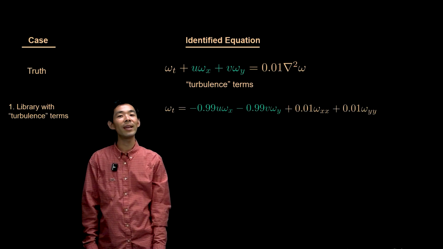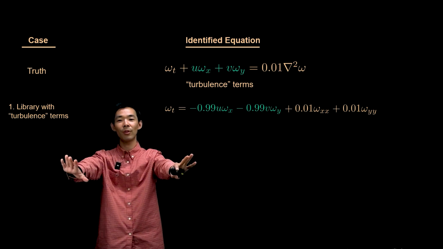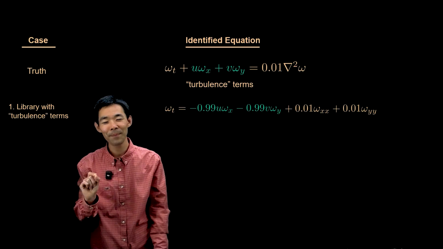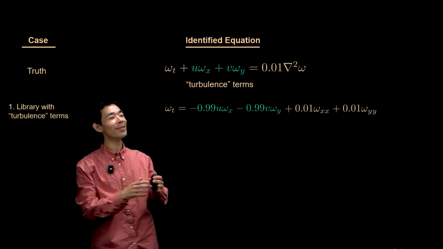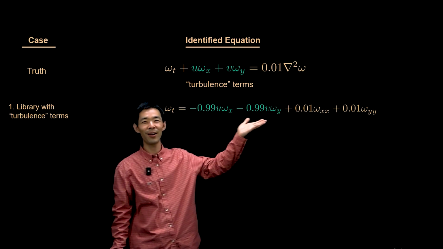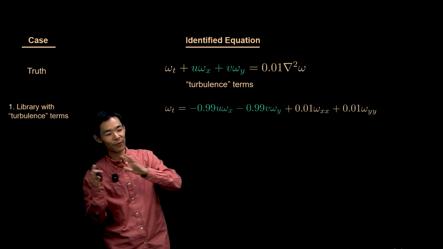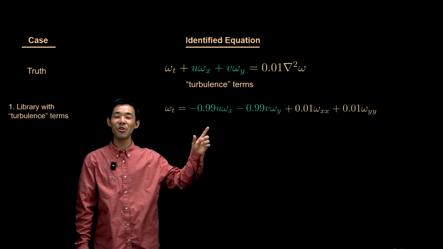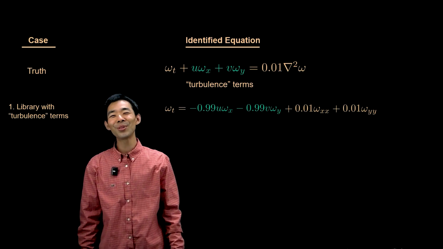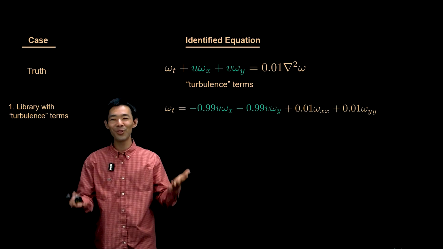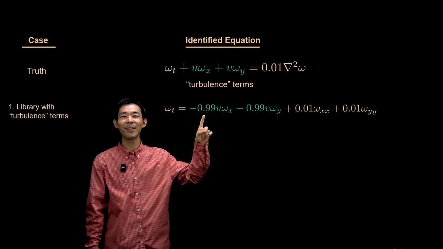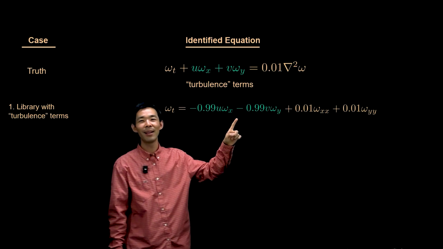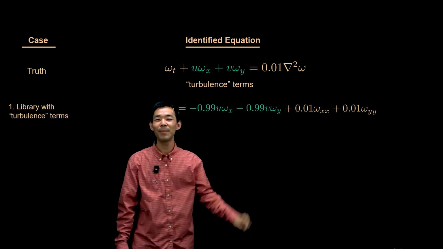First, if we do exactly what I showed you, where you construct a library containing the turbulence terms inside there, and you do sparse regression, out comes this solution right here, based upon the training set of flow around a 2D cylinder. It turns out that you get really close to the actual answer. Effectively, you get the right answer. You get negative, essentially 1 of u times omega x, and then minus 1 v times omega y.